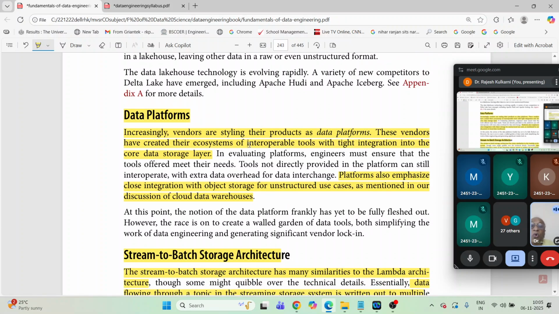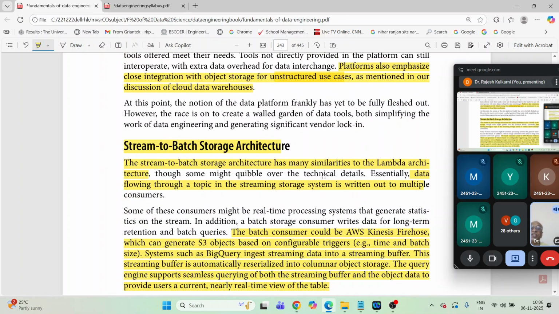Now most of the vendors are styling their products as data platforms. These platforms achieve close integration with object storage for unstructured use cases.